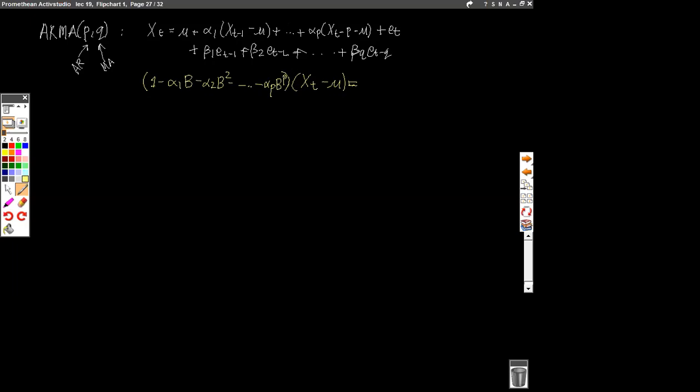And for the right hand side, I will have 1 plus beta_1 B plus so and so till beta_q B raised to q, with e. Does this make sense? Yes, ma'am.